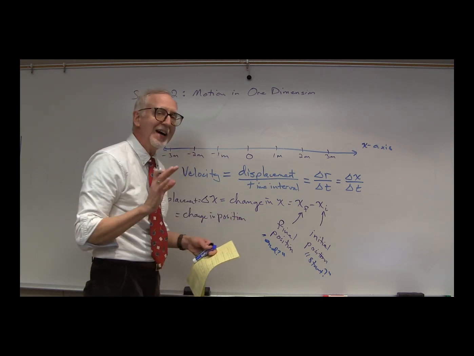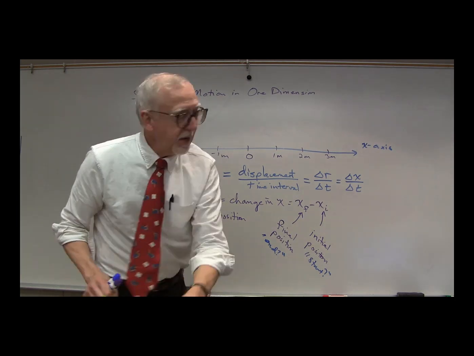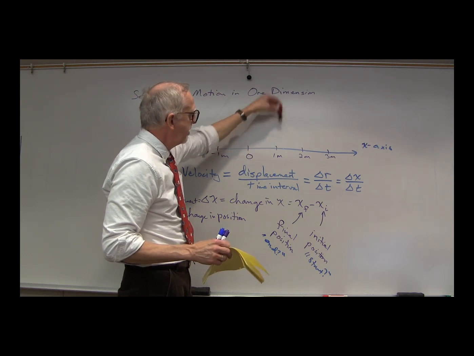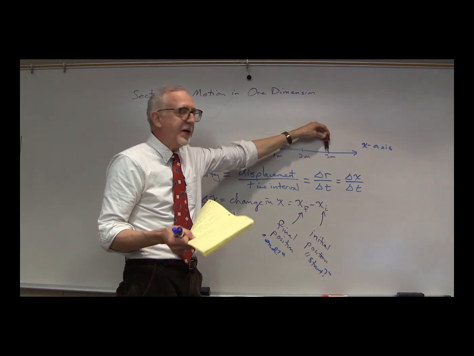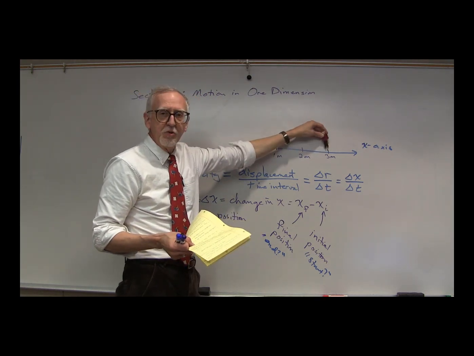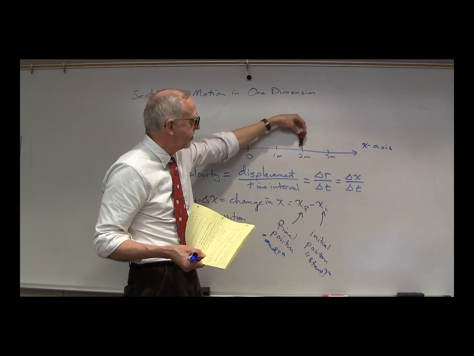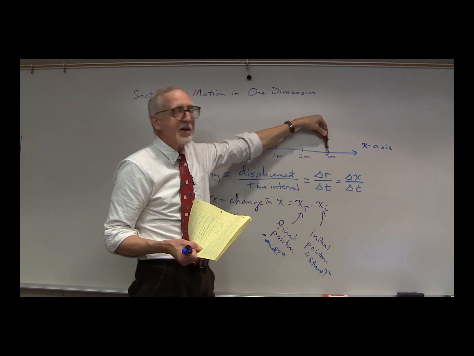Now notice this does not mean the same thing as the distance traveled. We might start out at 1 meter and end up at 3 meters. The displacement would be 3 minus 1, or 2 meters. But that does not necessarily mean that's the distance traveled, because we might walk to 2, go back to -1, come to 0, come to -2, and then end up at 3.